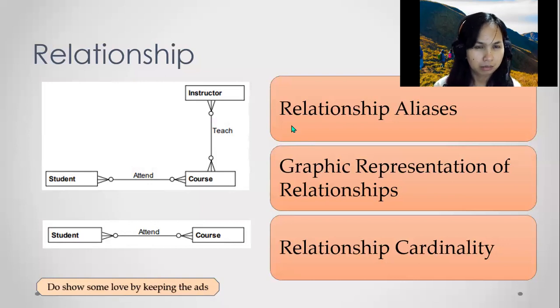We'll touch a little on arity, but not in detail because we don't have a lot of time left. The number of entities in a relationship is the arity of the relationship. The most common is unary, or what we refer to as a recursive relationship.